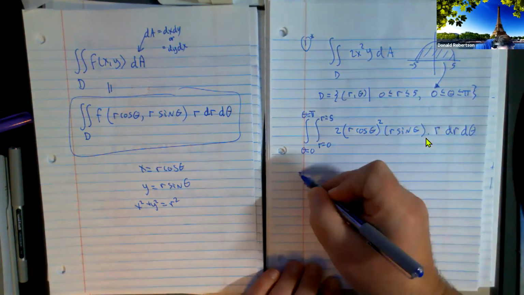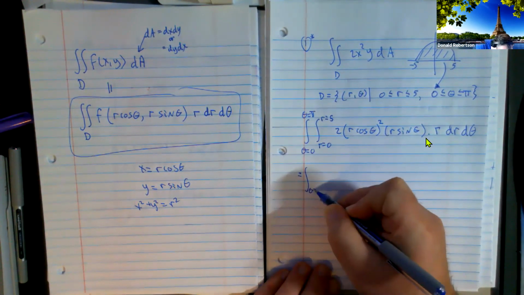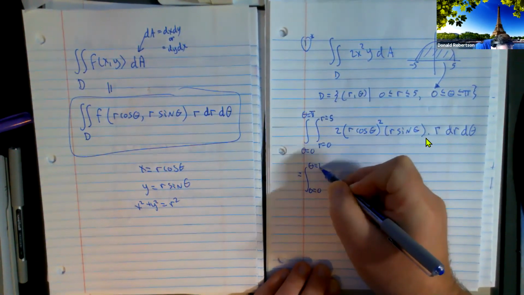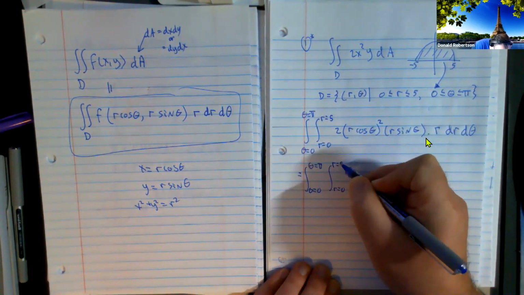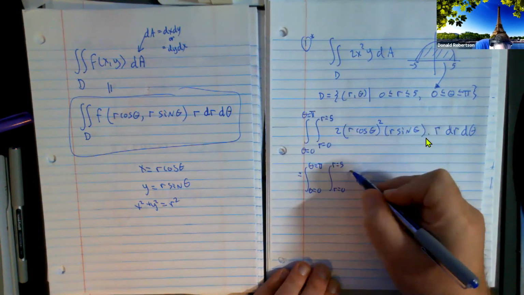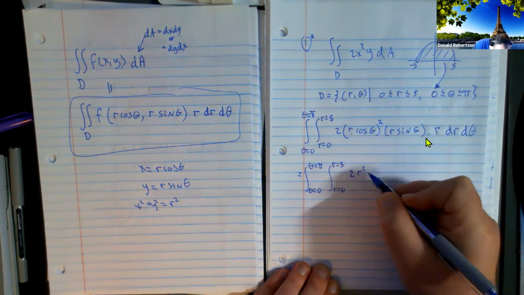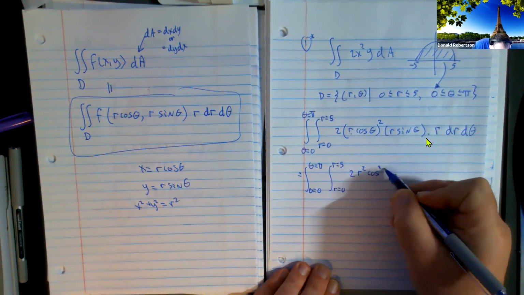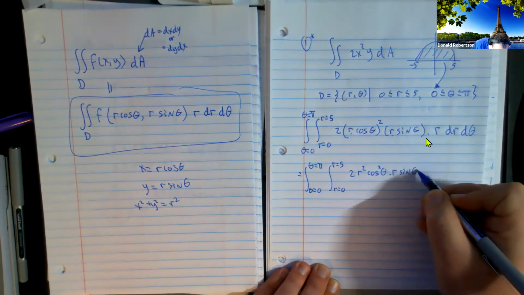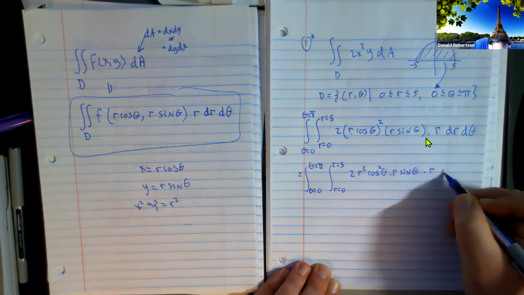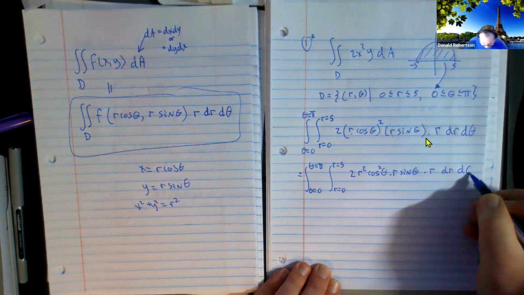Now, what I would do in this question is some style points before I even think about integrating. So that's 2, that's r squared cos squared, that's an r sine, there's another r dr d theta.